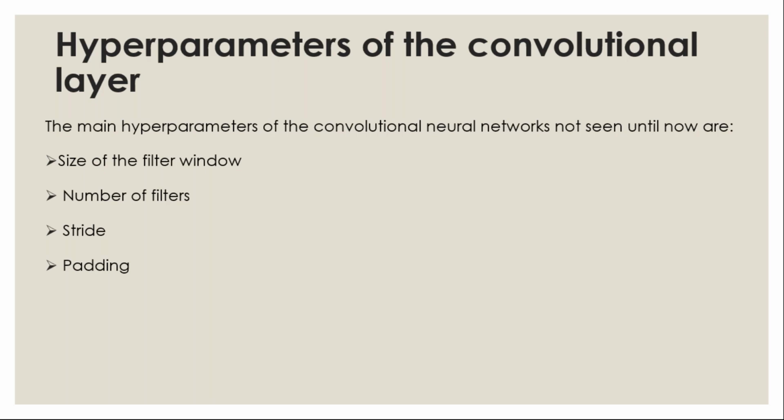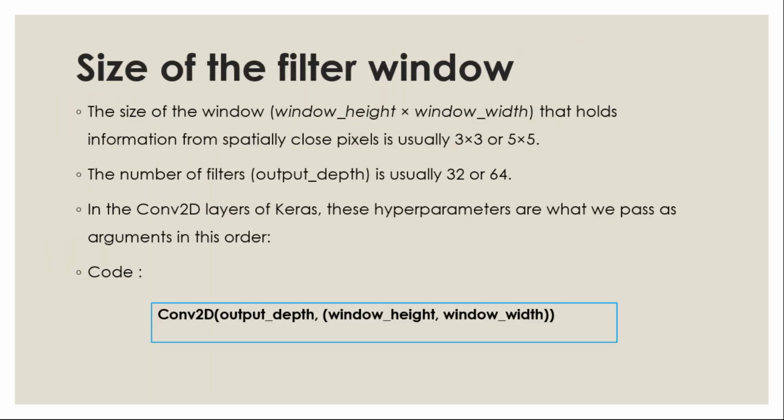Now let's discuss them one by one in detail. Come to the filter window size. First of all, what is a filter here? The filter is nothing but a small matrix, either 3 cross 3 or 5 cross 5 or 7 cross 7, whatever it is.